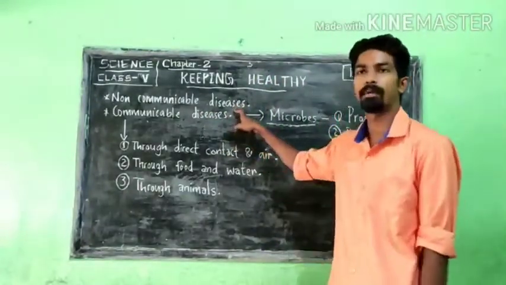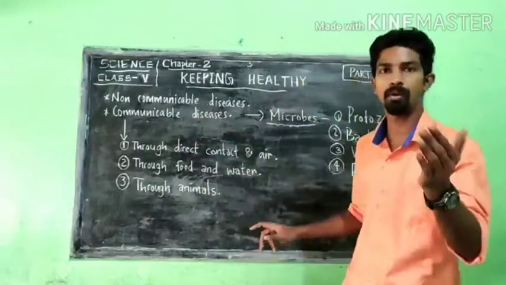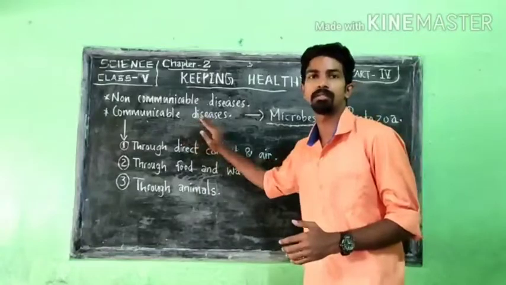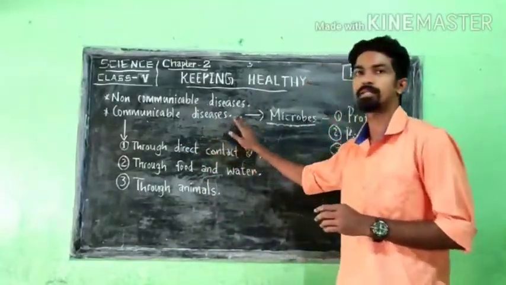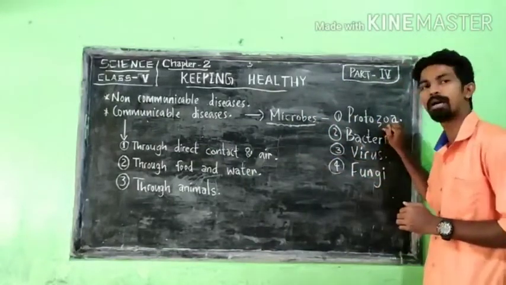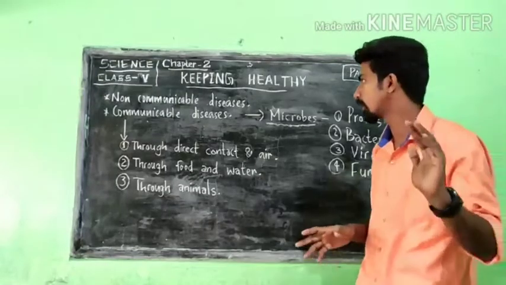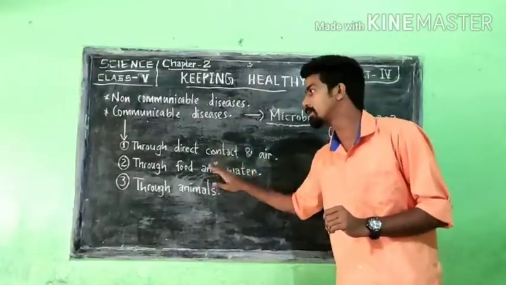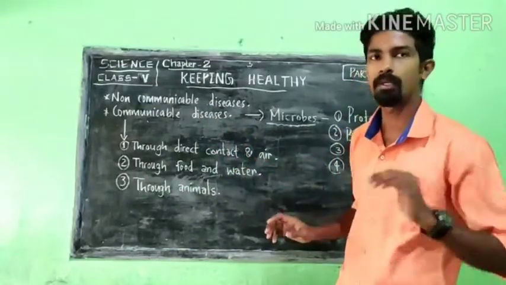And communicable disease, now we are under corona attack, so the best example of communicable disease is COVID-19. Communicable diseases are spread by microbes, and microbes are of four types: protozoa, bacteria, virus, and fungi. And these are the main reasons how communicable disease is spread from one person to another person.